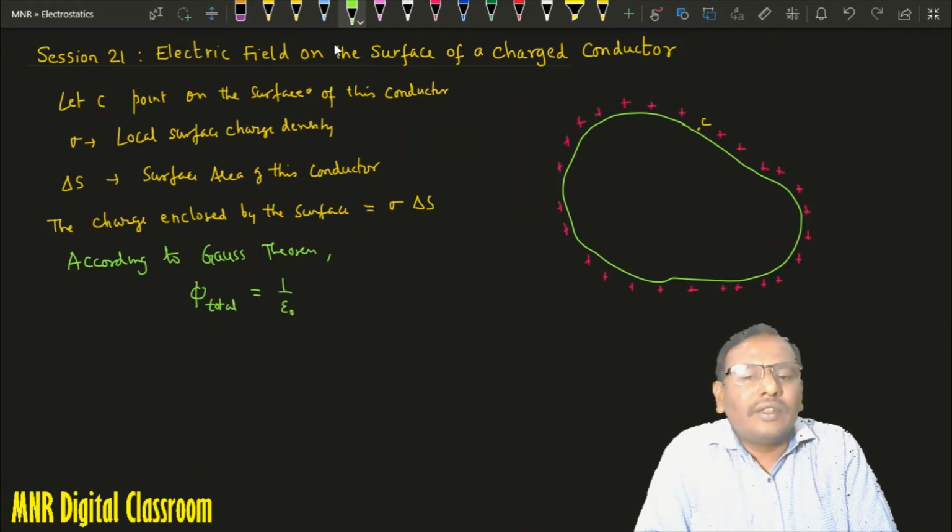Already we have found the charge enclosed by the surface, that is equal to sigma into delta S. Call this equation 1.